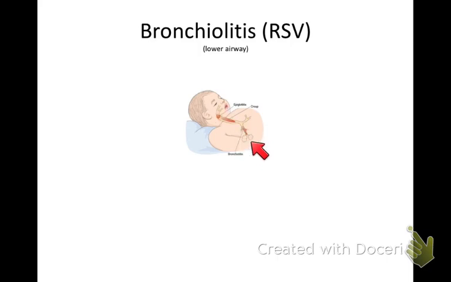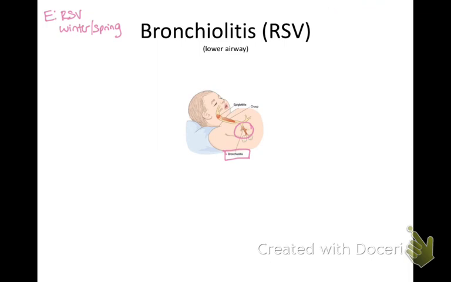When we're talking about RSV, we're talking about the lower airway, okay, more in the bronchioles. So bronchiolitis, etiology is RSV. RSV is respiratory syncytial virus. RSV is what everybody knows it as. And it's more common in the winter and the springtime.